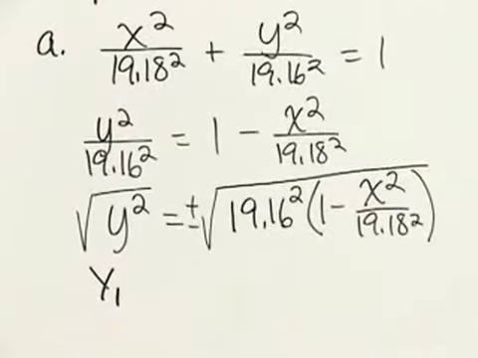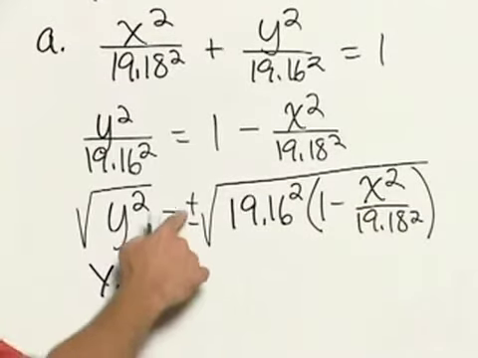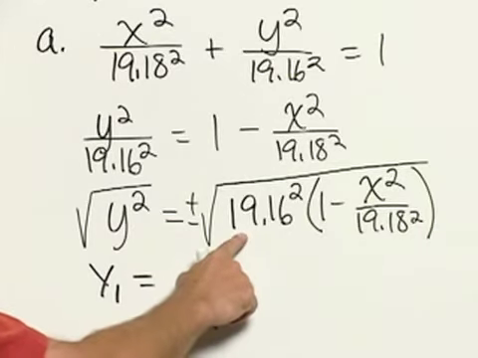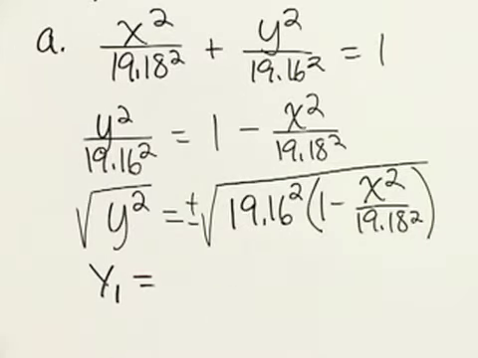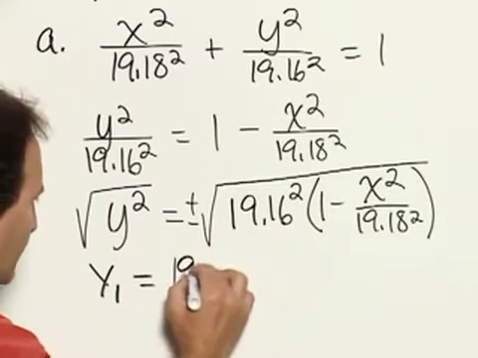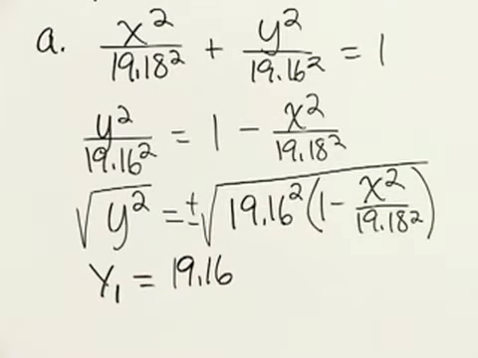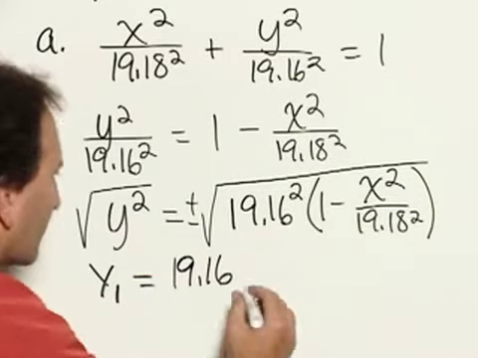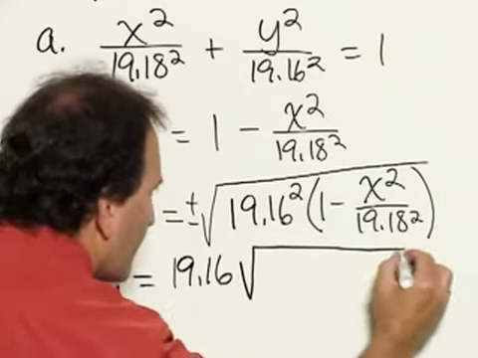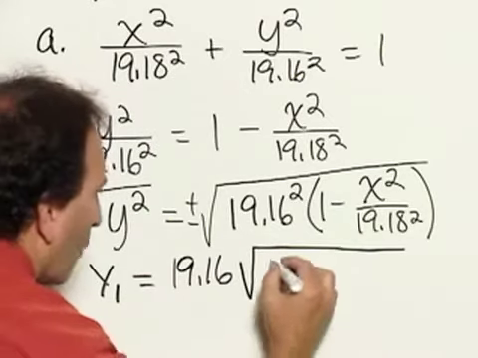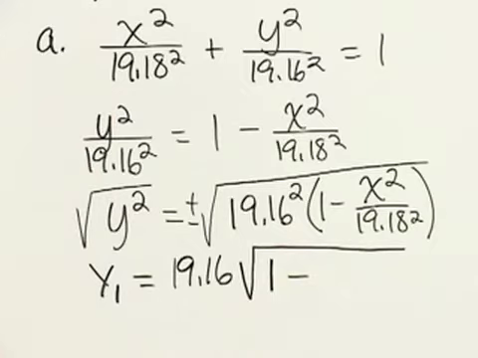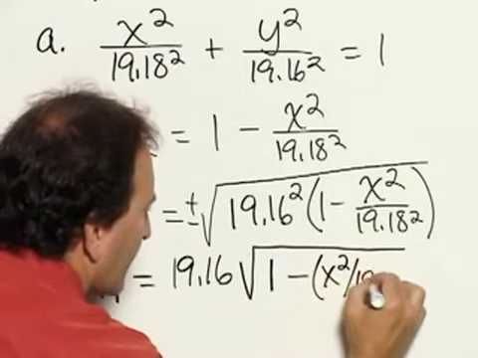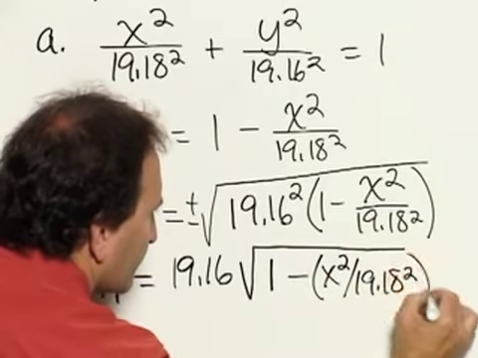So let's write what those two equations would be to enter them into the calculator. It would be y sub 1 equals, we'll take the positive square root first. Now, I want you to notice that we can take the square root of 19.16 squared, and of course that's 19.16. However, that's the only simplification we can do inside the radical. So that leaves us with, inside the parentheses, 1 minus, and now I'm going to put this in parentheses, x squared over 19.18 squared.